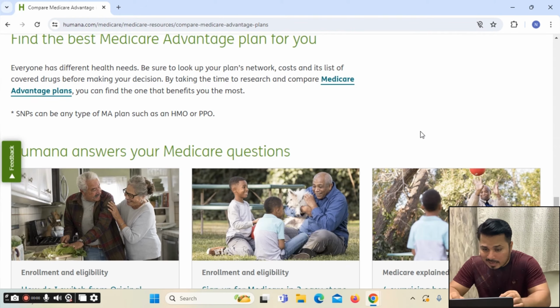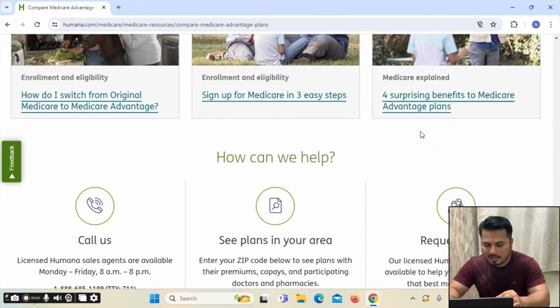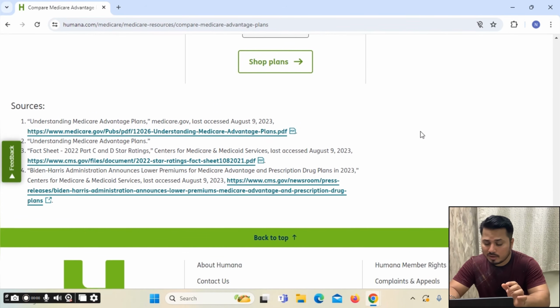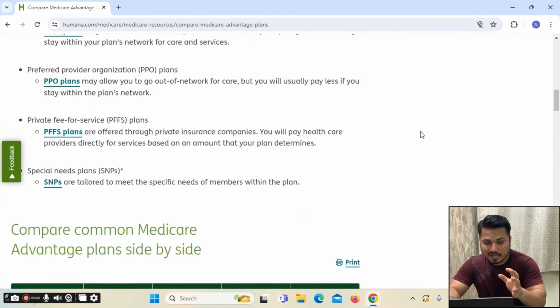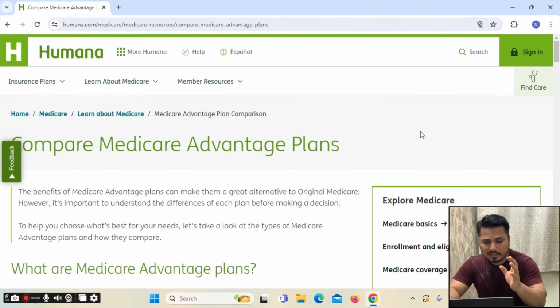By taking the time to research and compare Medicare Advantage plans, you can find the one that benefits you the most. SNP plans can be any type of MA plan, such as an HMO or PPO. All right. So I'm sure that we have a complete understanding of this comparison of Medicare Advantage plans, right?